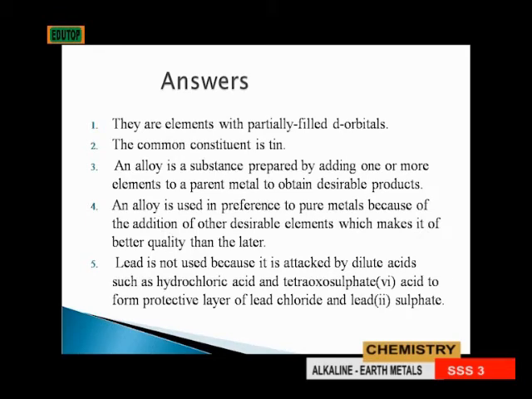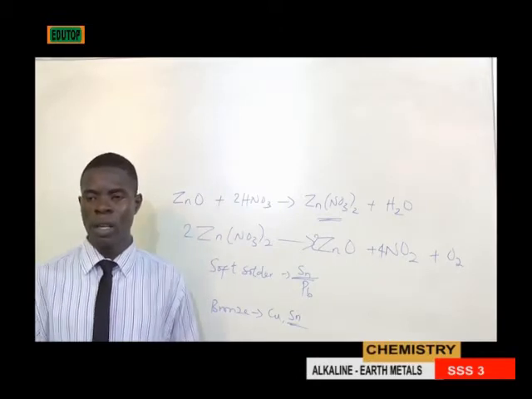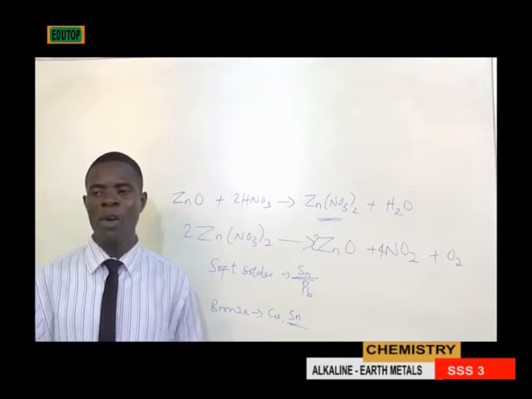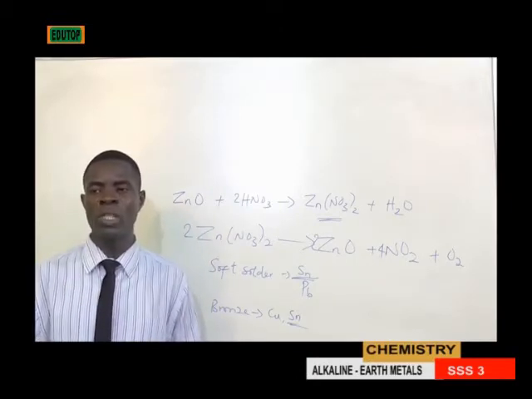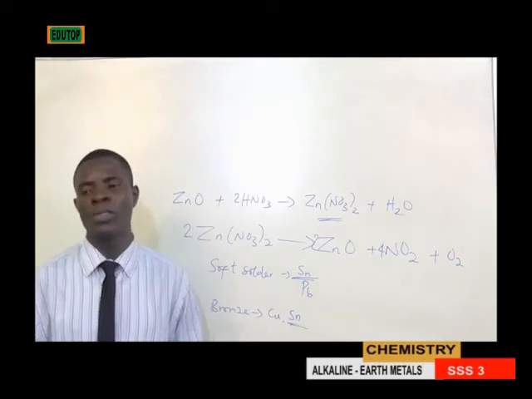Question 3. What are alloys? An alloy is a substance prepared by adding 1 or more elements to a parent metal to obtain desirable products. Explain why alloys are used in preference to the pure metals.